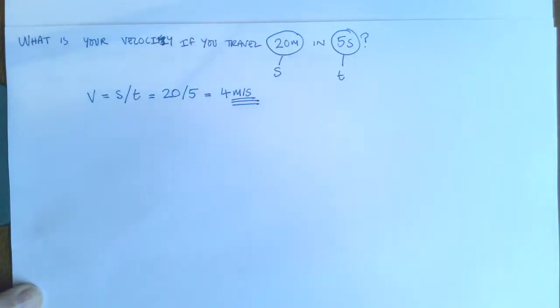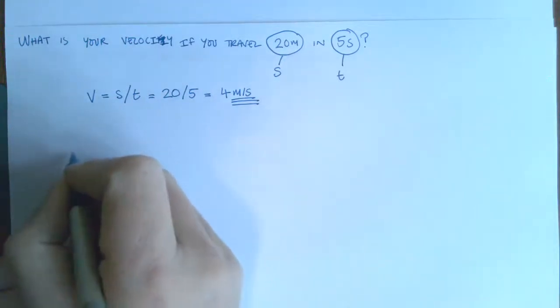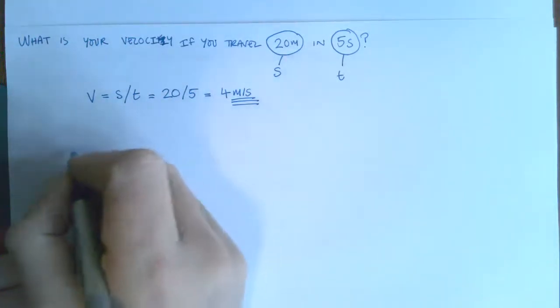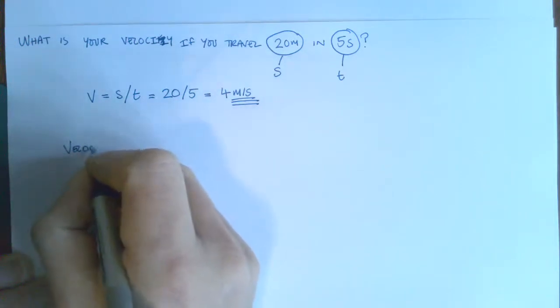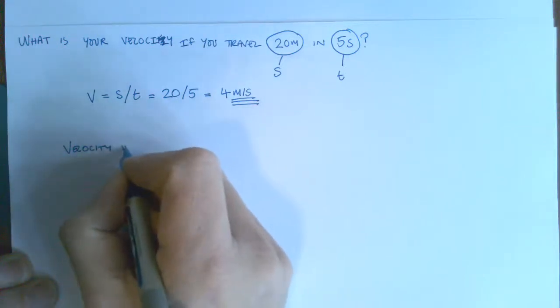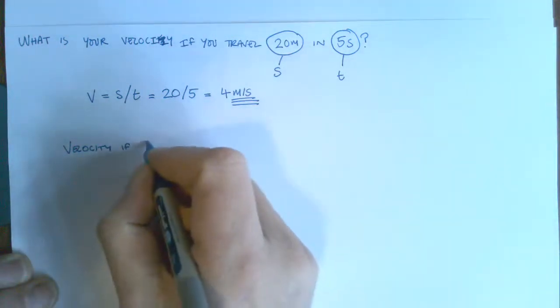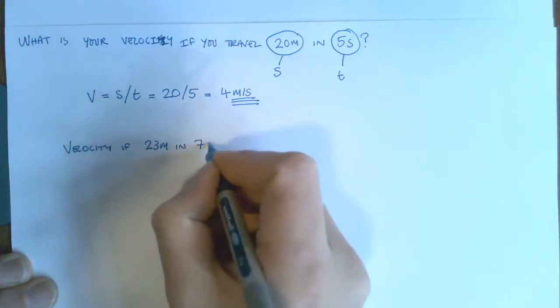And that seems really simple, but how could they make it more challenging? So look what they might do to you. Imagine if they gave you a question like this. What is your velocity if you went, I don't know, 23 meters in 7 seconds?